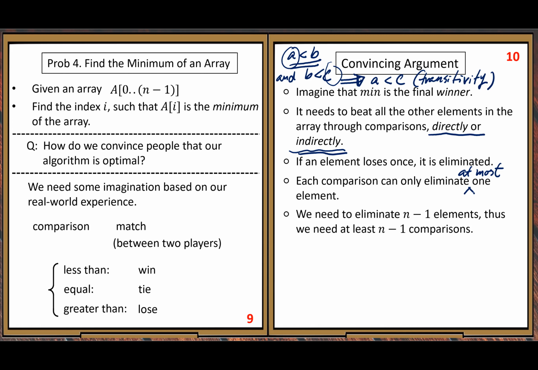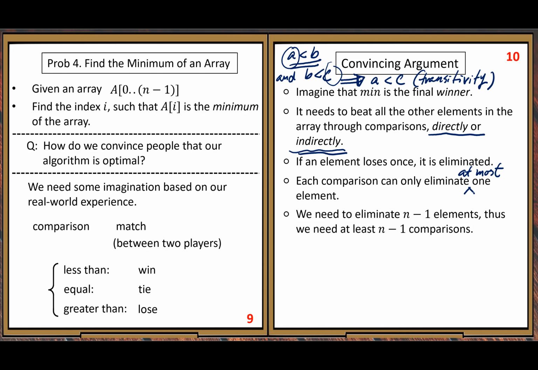All the other n-1 elements must be eliminated in order to determine the final winner, the minimum. Thus, we need at least n-1 comparisons.